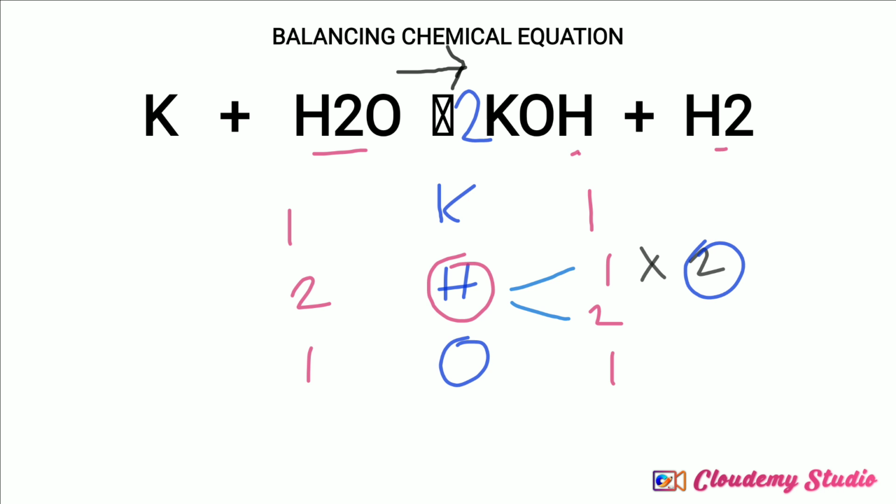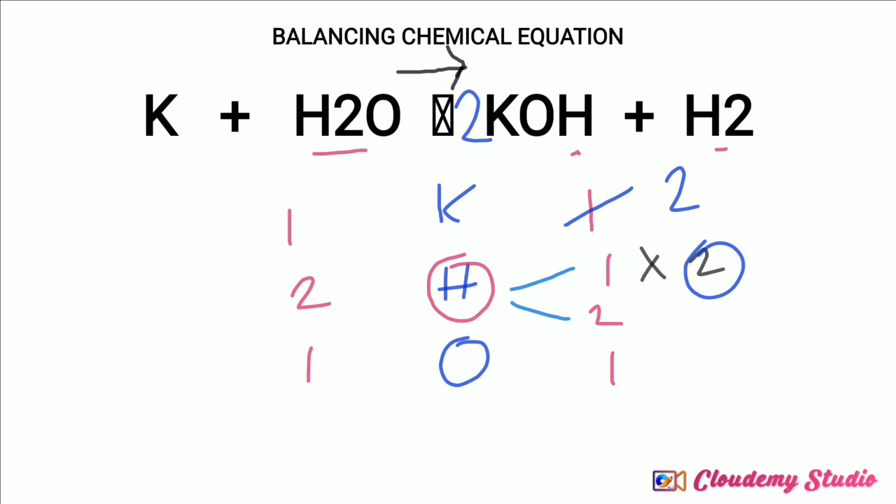So when we write this 2 as a coefficient for potassium hydroxide, this 2 belongs to potassium atom, oxygen atom, as well as hydrogen atom. So as a result, on the right hand side, now the potassium will change. Already it was mentioned as 1, but now it has become 2 because the coefficient 2 is there.